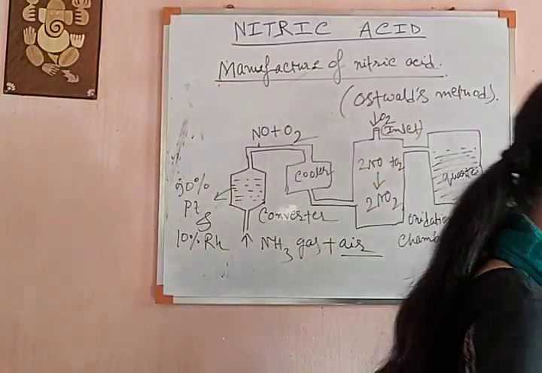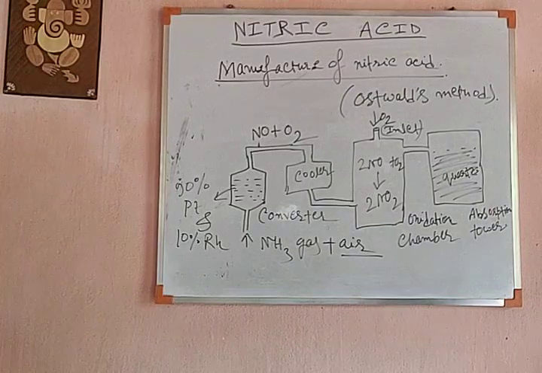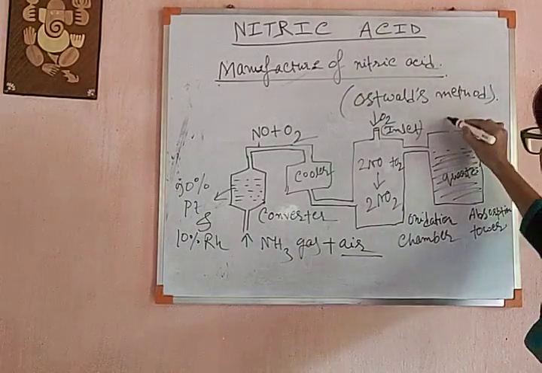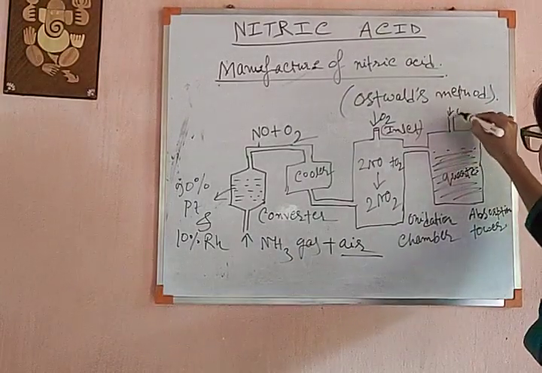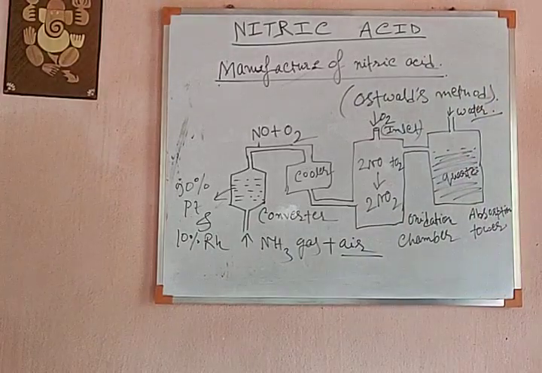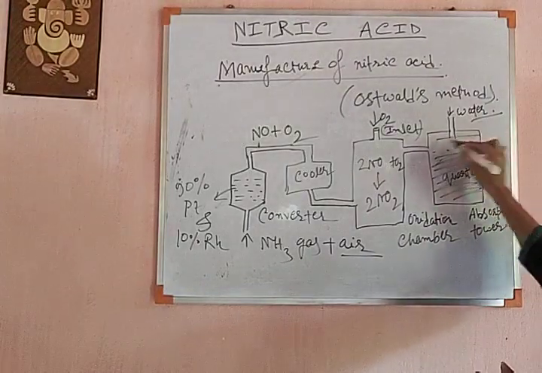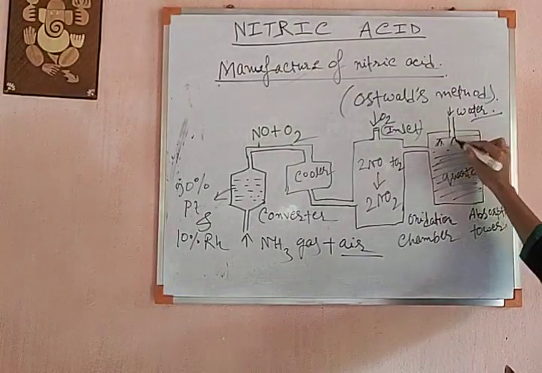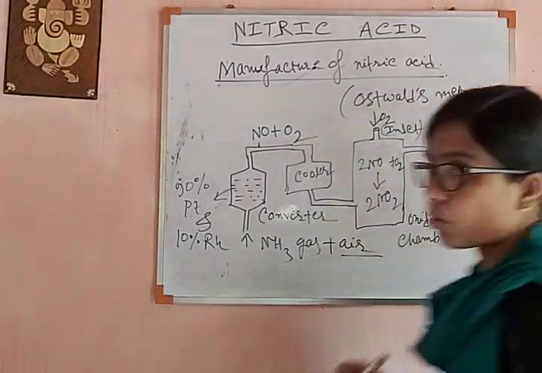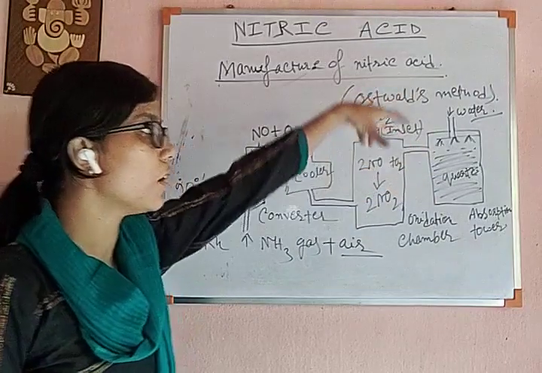The produced nitrogen dioxide is put into the absorption tower, and we are giving water from the top portion, spraying the water from the top.